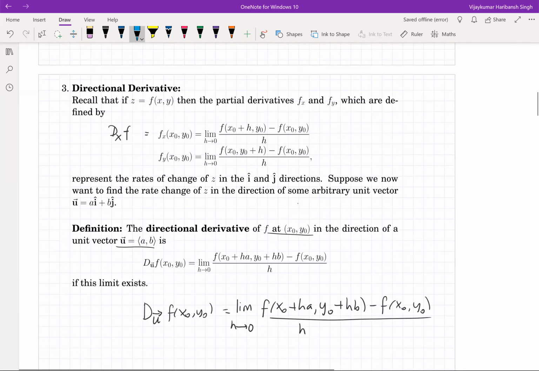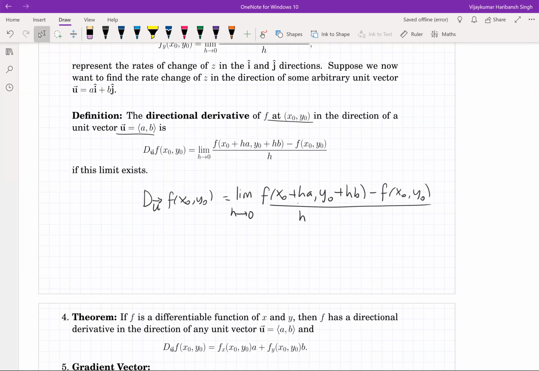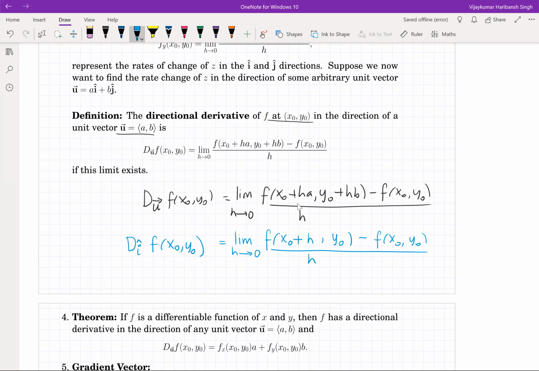Notice that if you take unit vector i, then essentially you're looking at the limit as h goes to 0 of f of x naught plus h, comma, y naught, minus f of x naught, y naught, over h. The reason is that i is your unit vector (1, 0).